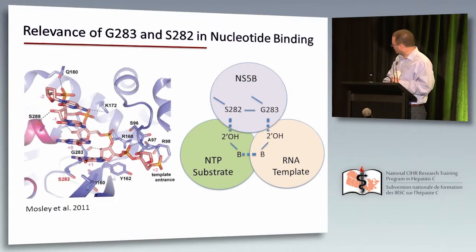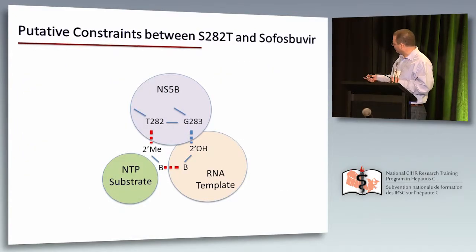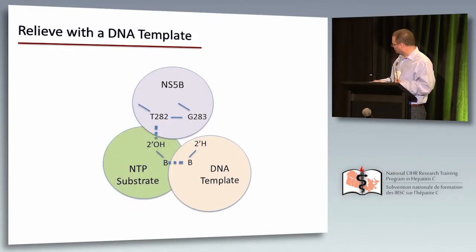And that may change if you have the 2'-C-methylated compound here and the resistance-conferring mutation. There could be a steric clash that may also prevent base pairing here, and the nucleotide is not efficiently bound and/or incorporated.